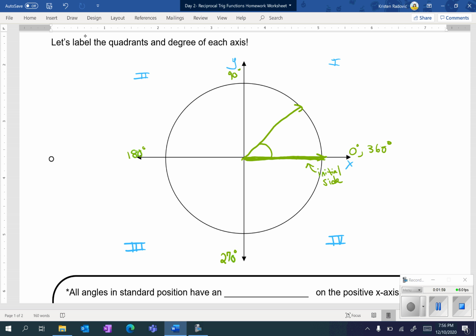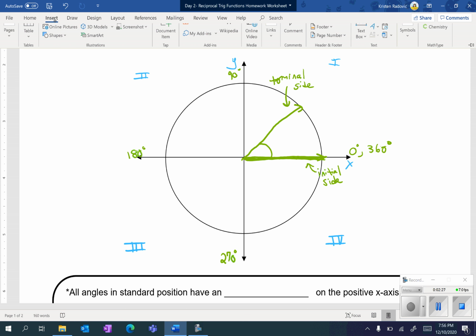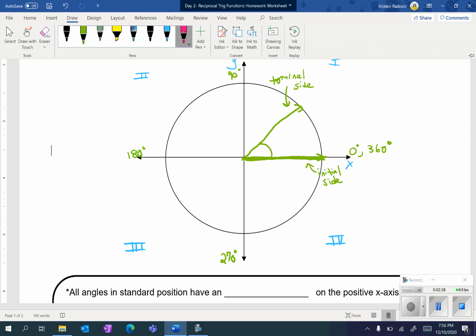Where you end is called your terminal side. The initial side always starts in the same place, and the terminal side ends depending on how many degrees your angle is. That is when you have positive angles, because we're going up and around in a counterclockwise manner. However, there are also negative angles.